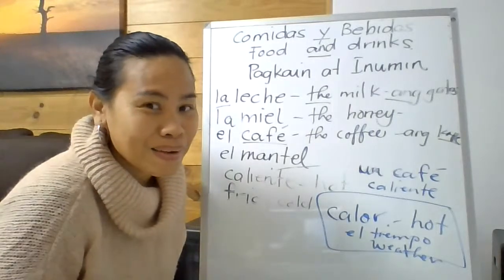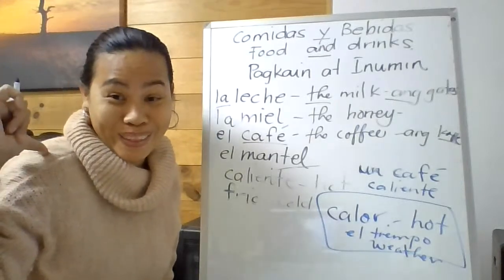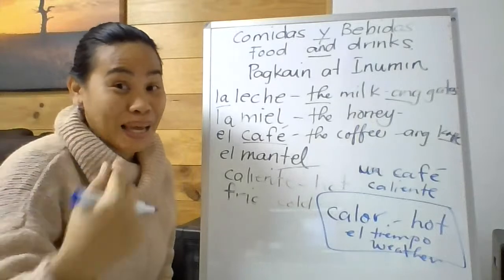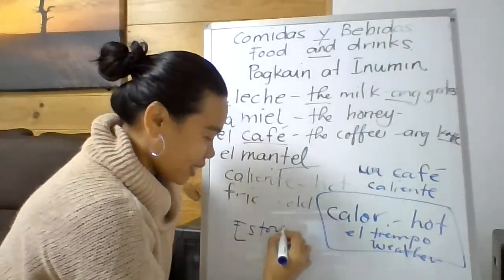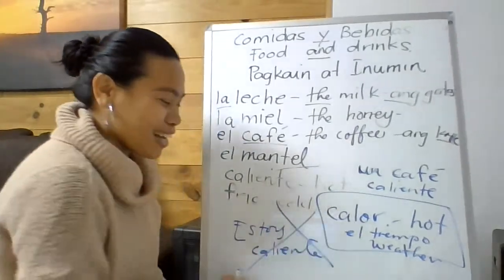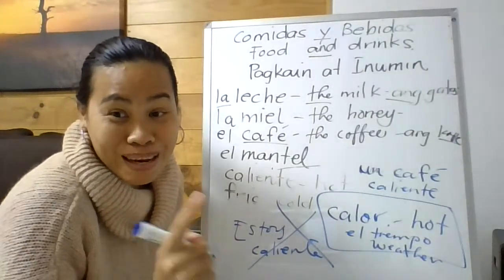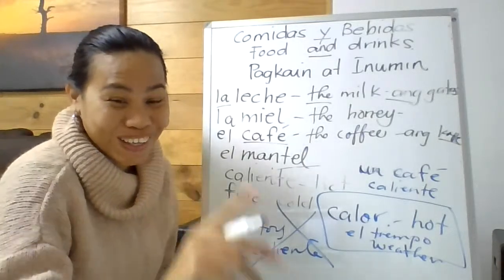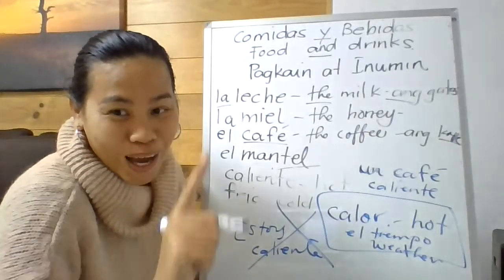And you cannot say, estoy caliente. No, because estoy caliente means I'm hot in a different sense. Do not use this in Spain. Estoy caliente. No, no, no, no, no. I'm hot.